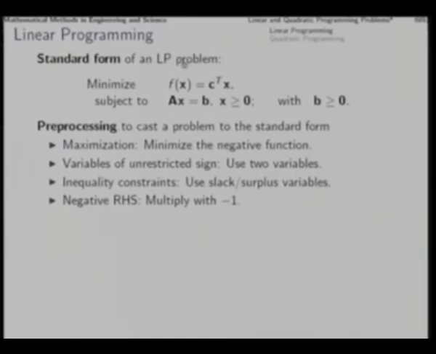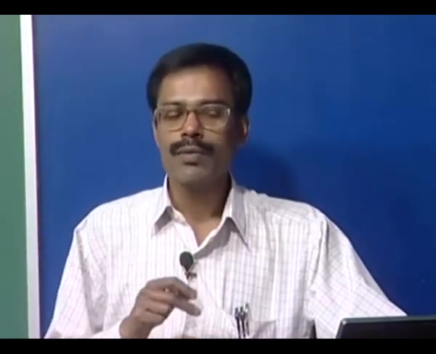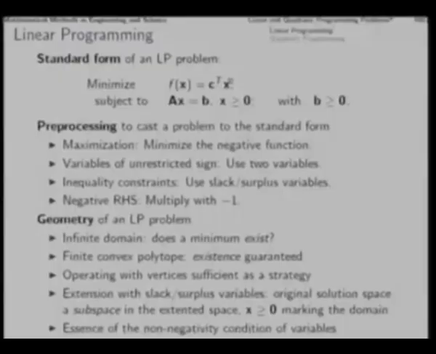Now, why do we do all these? To get into that, you need to visualize the geometry of an LP problem. For example, for a linear programming problem, if the domain is infinite, then the question arises, does a minimum exist? If the domain is completely open, completely unconstrained, then there is no question of a minimum existing, because corresponding to any c which is negative, if we go on giving a large value to the corresponding x, then we can make f equal to -infinity, which means on the lower side it will be unbounded.